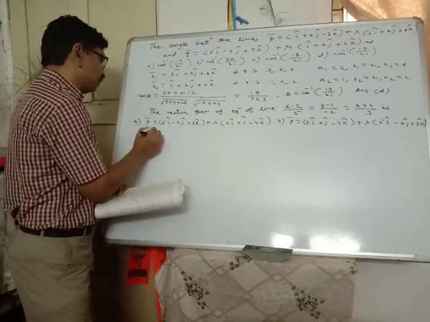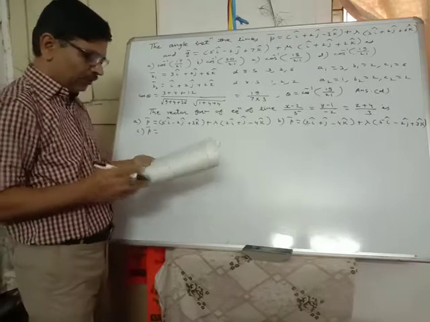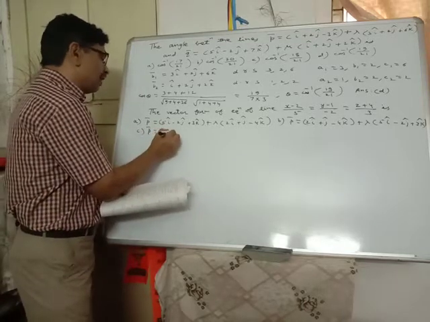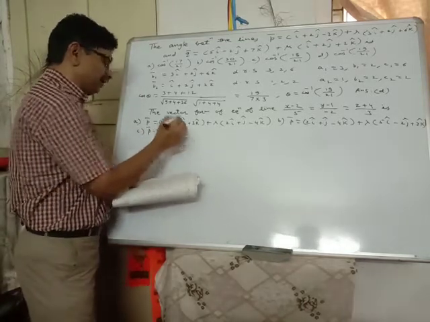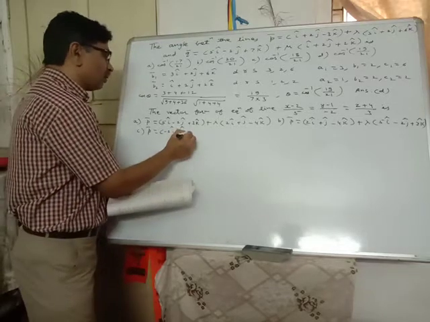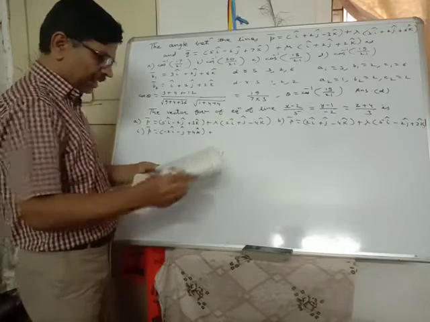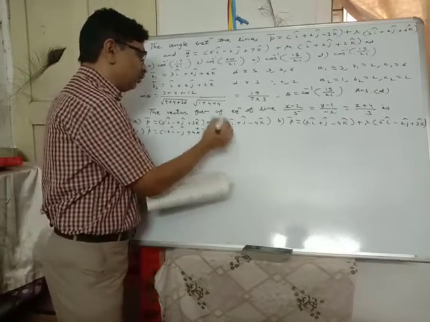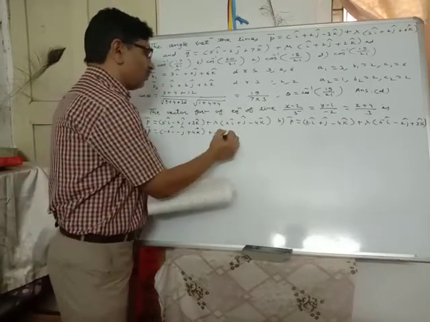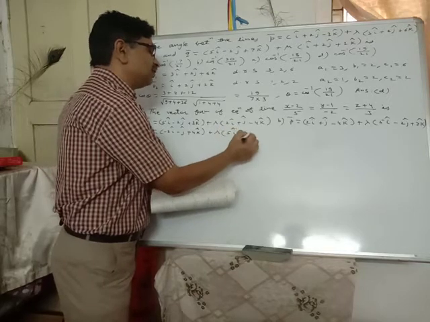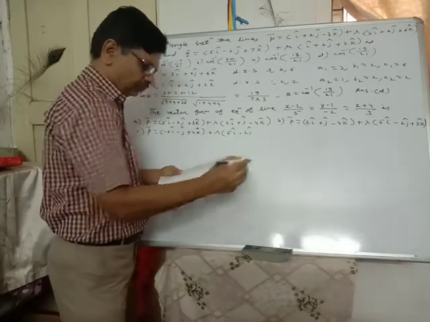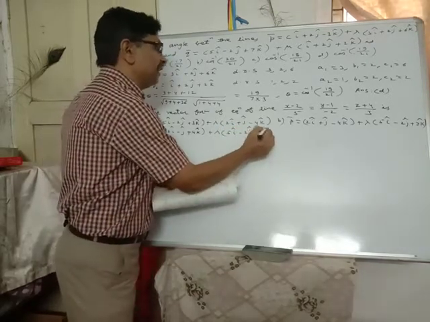Option C. P bar equal to minus 2i minus j plus 4k plus lambda into bracket 5i minus 2j plus 3k.